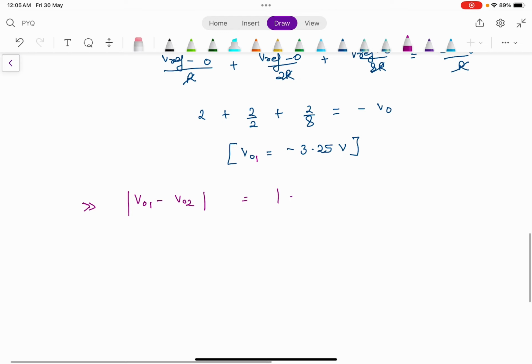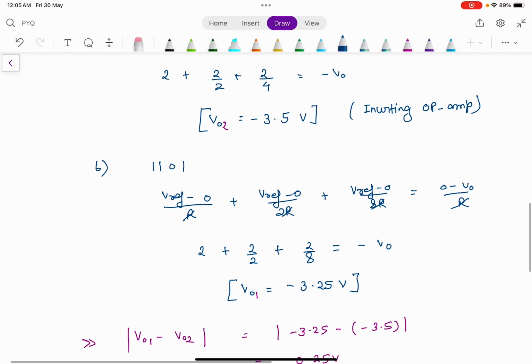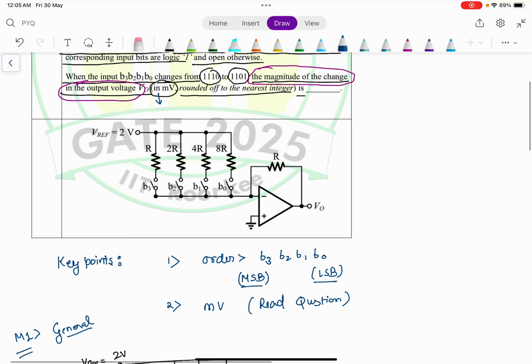Minus 3.25 minus (minus 3.5) comes out to be 0.25 volt. The answer is in millivolt, so you can write 250 millivolt. So the answer to this question is 250 millivolt.